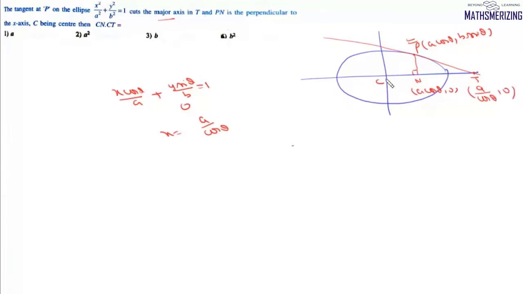Now its center is C. Now what's CN? CN is simply a cos theta. And what is CT? CT is a upon cos theta. So we'll multiply them. Then CN into CT will simply be a square, and that's your option number 2.